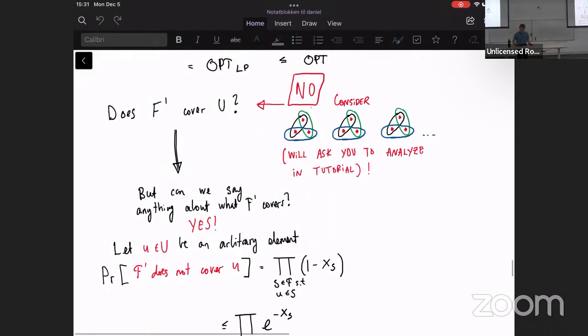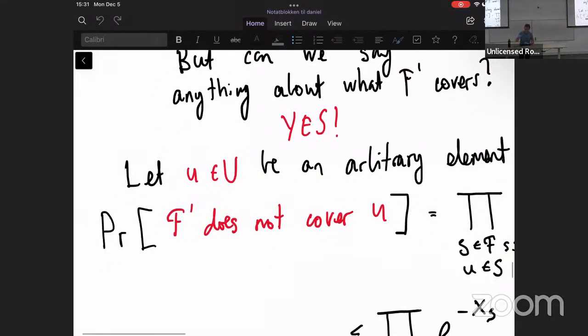Let u be your favorite element of the universe, just an arbitrary one. What's the probability that this family F prime doesn't cover this element?